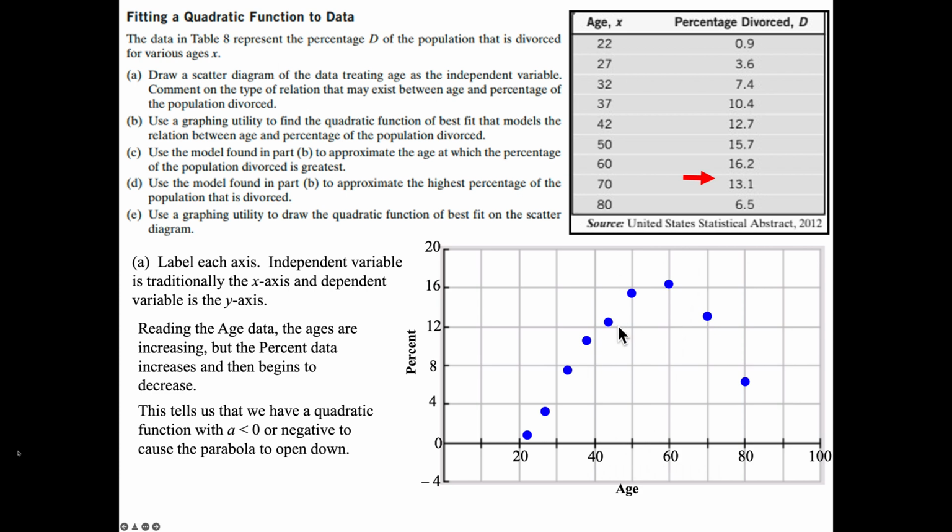So we can definitely see from our graph that we do have some type of parabolic shape, and it's opening down. And that justifies a negative x squared. Hopefully when we do our regression, that value is going to be negative. All right, so there's my graph.